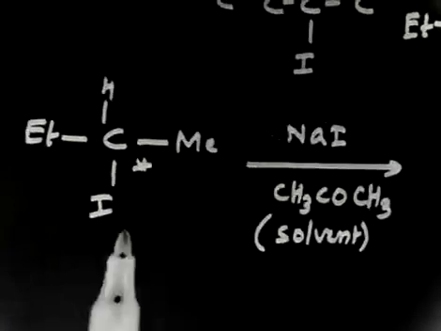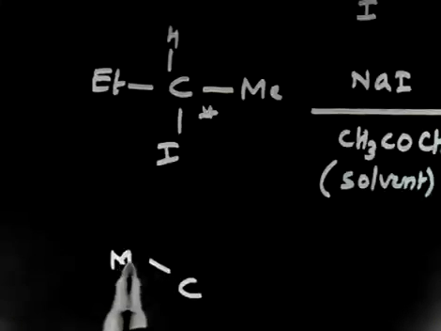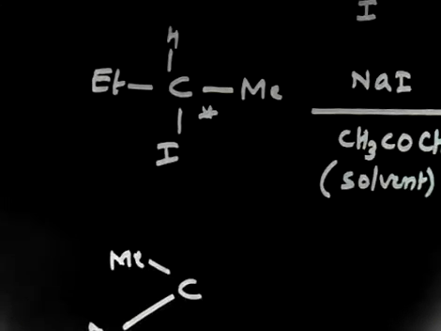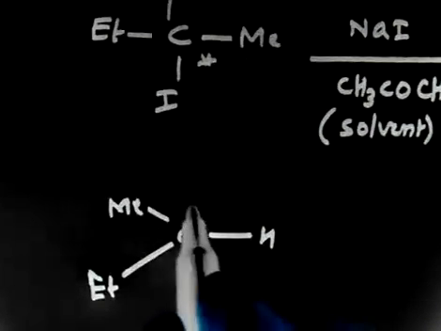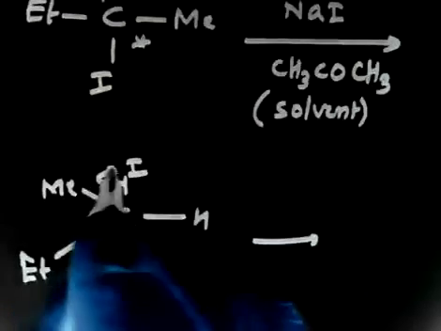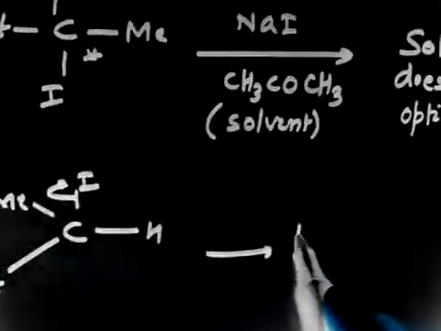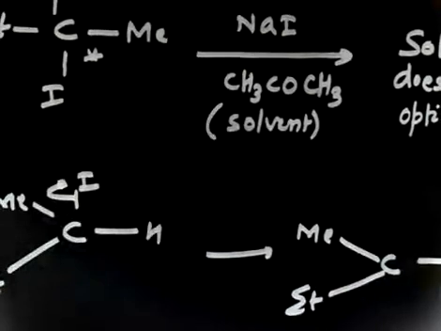Yeah, you are right. So what will happen in this case? You have this carbon with Me, H, and now iodine. What will happen if this bond breaks? You will get a carbocation with Me, ethyl and hydrogen.